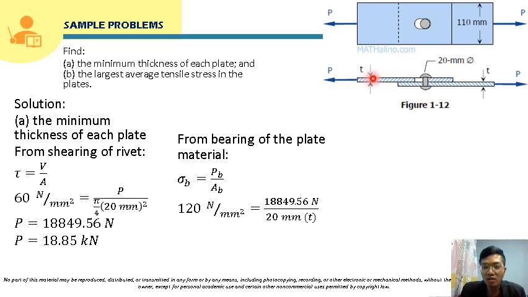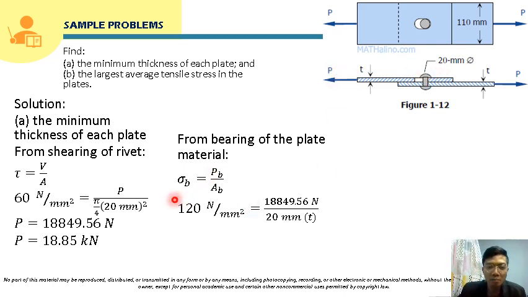Let's say for this upper plate, if this plate is pushed towards this direction, the bearing force that will cause the bearing pressure here will be just equal to P, right? If we solve that using the equilibrium equation, we can see that PB will just be equal to P.